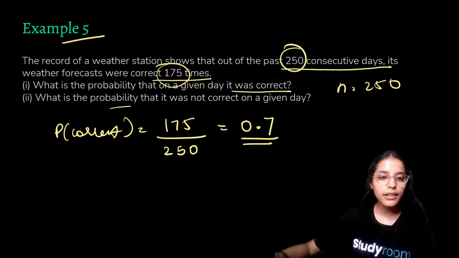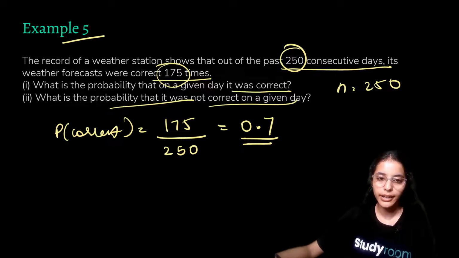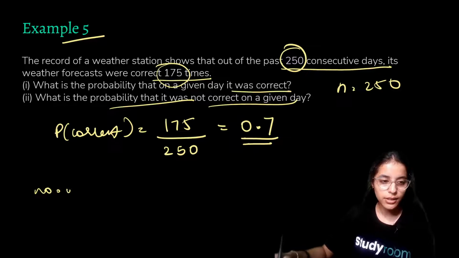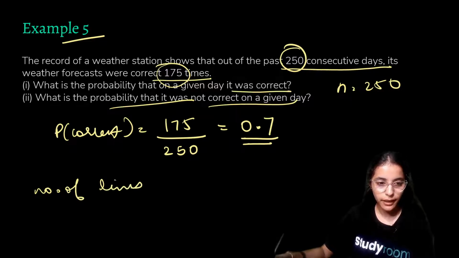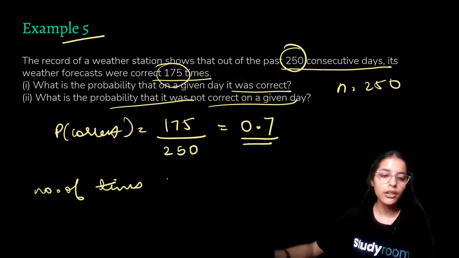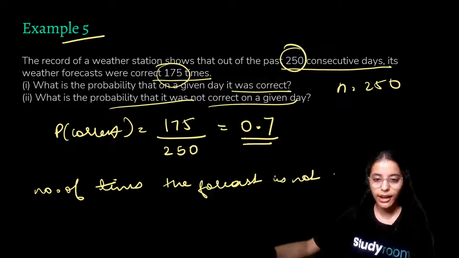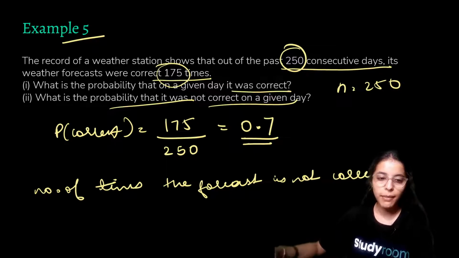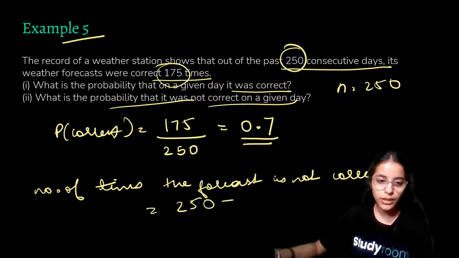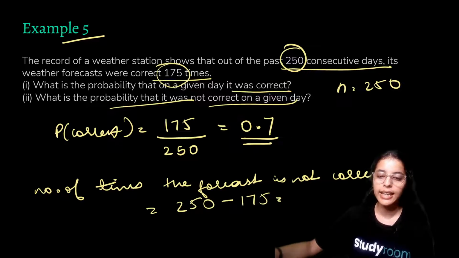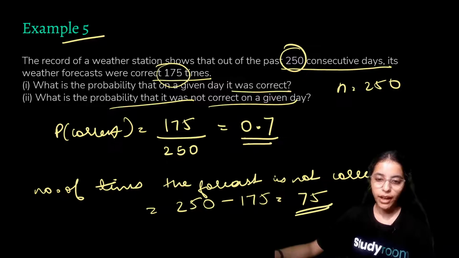And the next is the probability that it was not correct. Now to get it, we have to know the number of times the forecast is not correct, and we'll find it by subtracting the correct ones from the total, that is 250 minus 175, and we'll get 75, right?